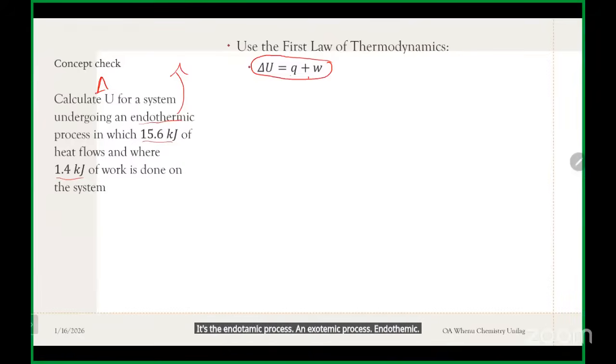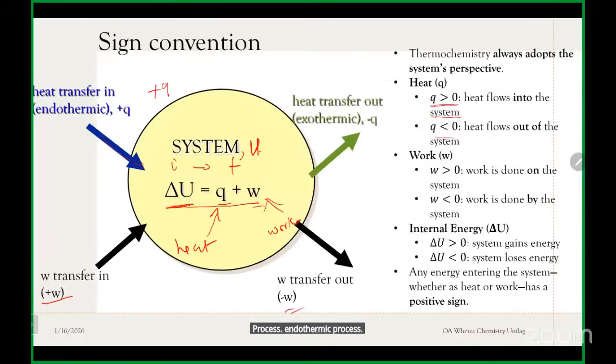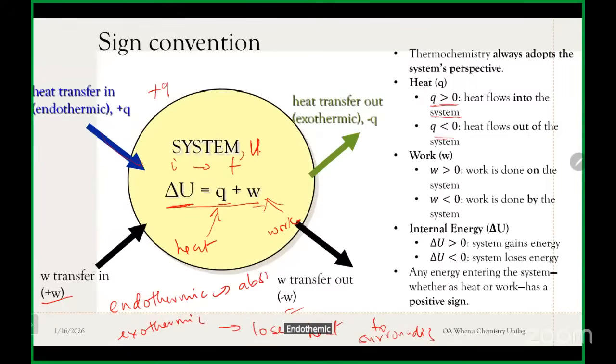In an exothermic process, you lose heat to the surroundings. In an endothermic process, you absorb heat from the surroundings.